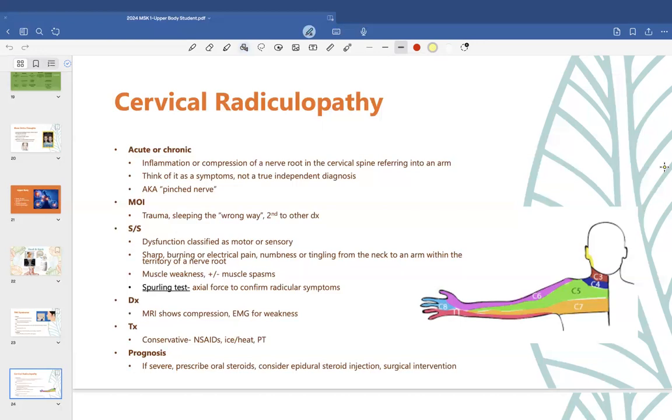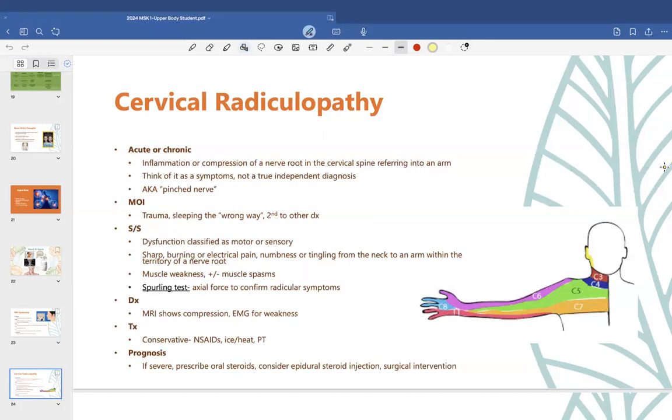It is an E&M code. That code should only be used until you figure out the exact cause. So try not to think about it a lot as a diagnosis. It's truly more a symptom. It can be a temporary diagnosis as you're figuring out the origin of what's causing the radiculopathy. Does that make sense?